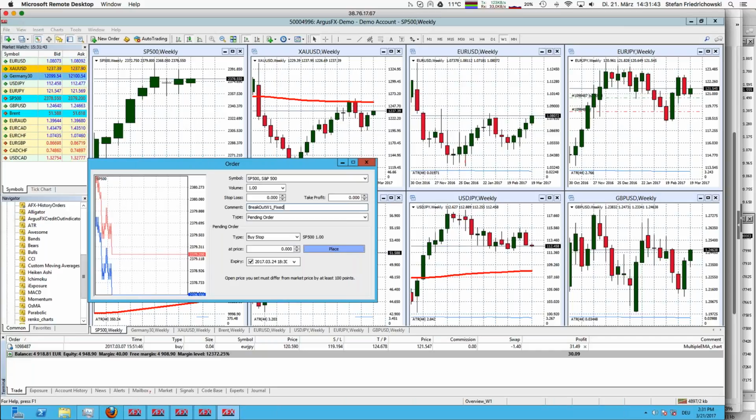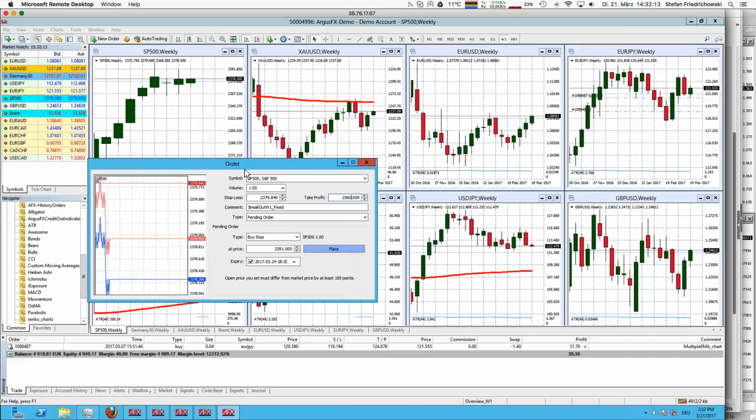So it's a buy stop order at the level of 2391, which is the upper limit of the previous W1 candle, and the stop loss of the trade is at 2379.84, and the take profit of the trade is 2560.